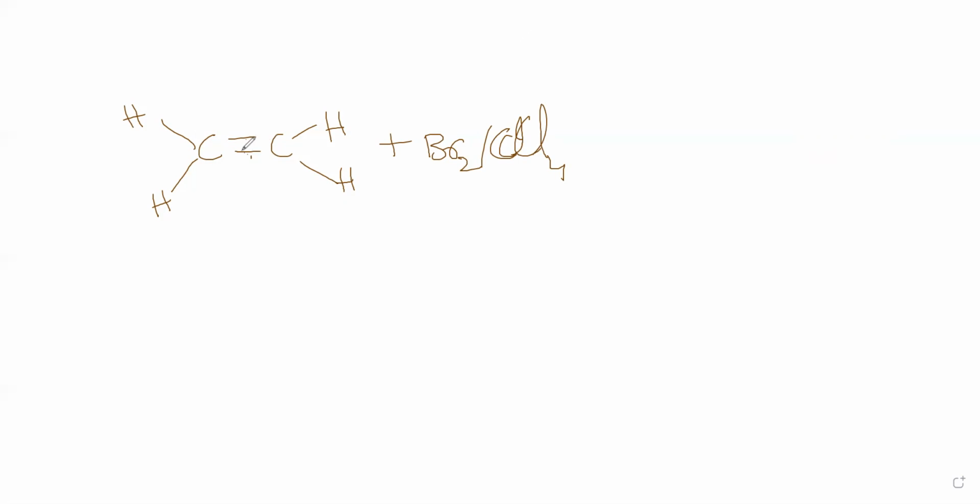The pi bond will break. The pi bond is broken into two halves, you put like this. Now two bromines are there, you add the bromine. Clear? Wherever you see the double bond, you do it with bromine.